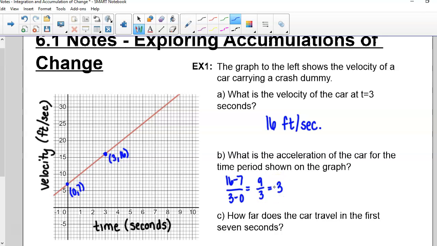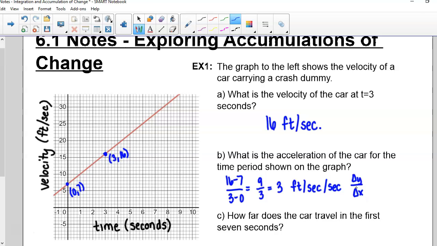What would the units be for this? Feet per second per second. I'll show you something I think is pretty cool about the units. When we do the slope, we're finding the change in y over the change in x.